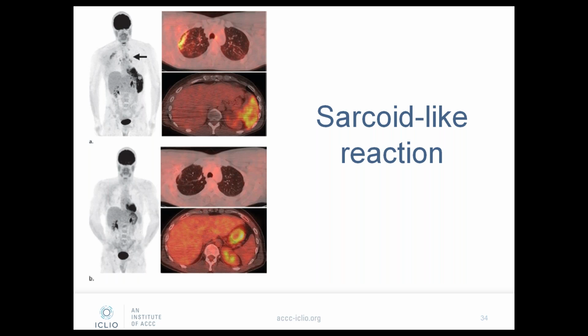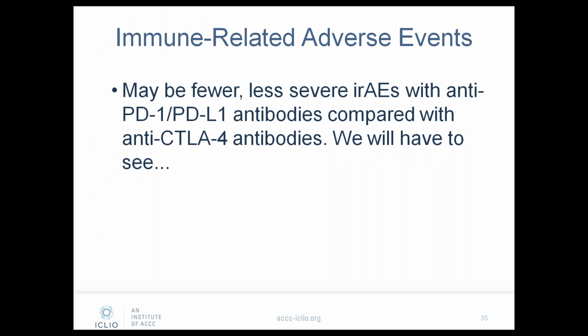And if you remember the very first images that I showed you in the talk, we had the sarcoid-like reaction in a patient that had a complete response. And so we see that a lot, and we just want to be aware of it and make sure that the referring physicians know that what we think is a sarcoid-like reaction is not disease progression or new lesions. We can see some uptake in the lung as well, which is also seen in the sarcoid-like reaction. Next slide.